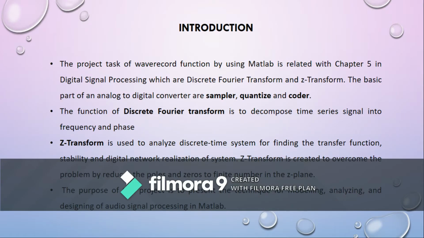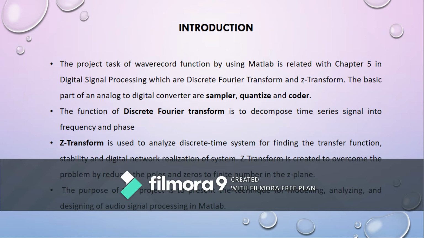This project, digital signal processing, is related to chapter 5, which is Z transform. How was the Z transform created? The analysis of sampled data in the frequency domain is very difficult using S-plane representation, because the signal or the system equation will contain an infinitely long polynomial due to the characteristic of the finite number of the Z fold.